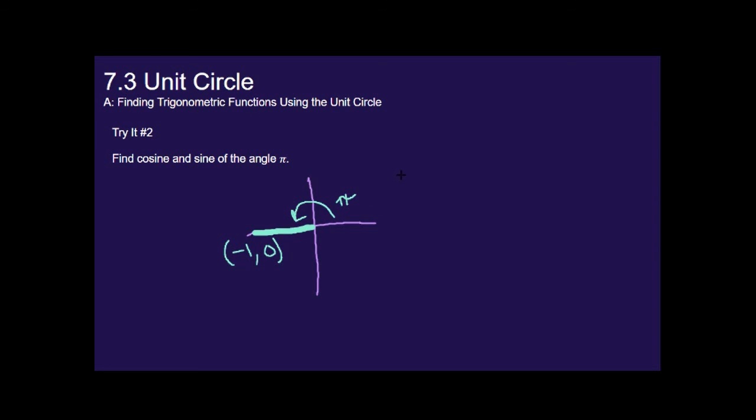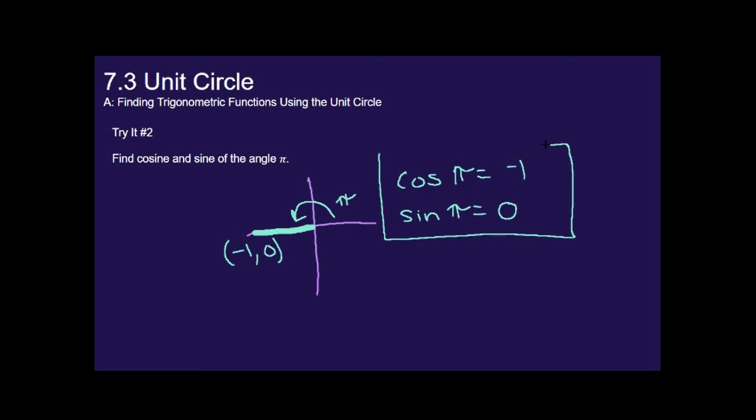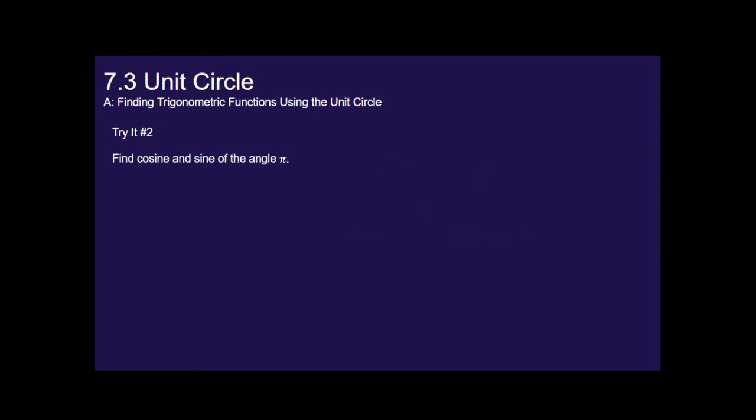So we can use that to find our cosine. The cosine of pi is the x, which is -1, and the sine of pi is our y, which is 0. So check your answer, make sure you got the same answer as I did. And if not, go back and rewatch how to determine that.